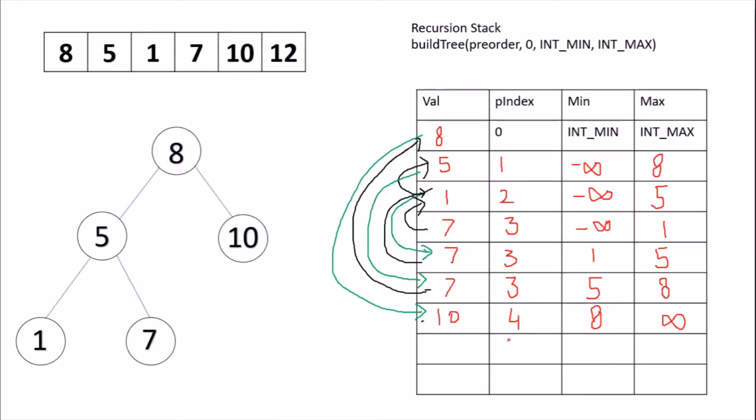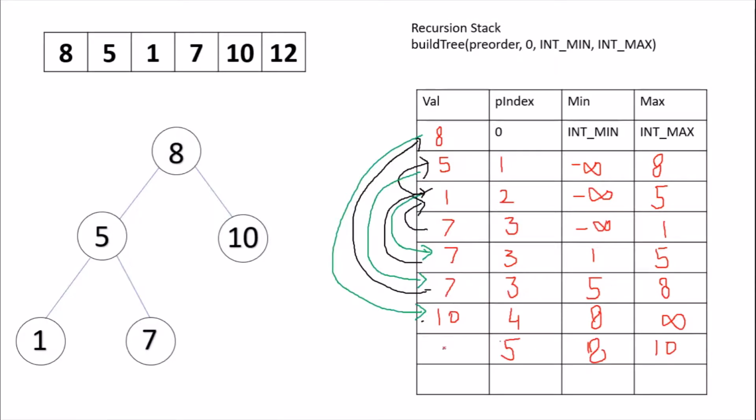The value of p index will be 5, and since it's the left child, we pass 10 here. Sorry, the minimum will be 8 and the max will be 10 here.